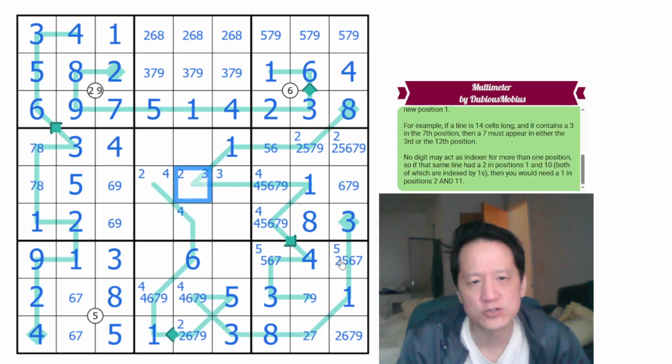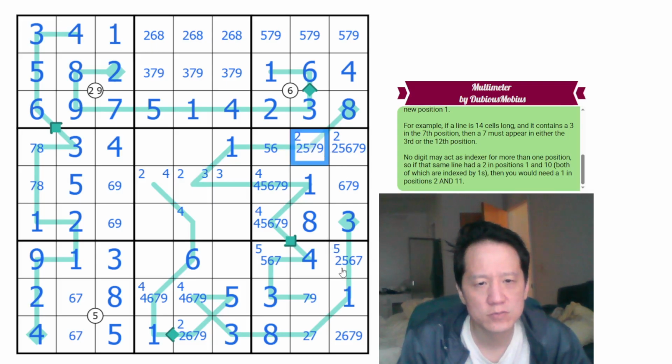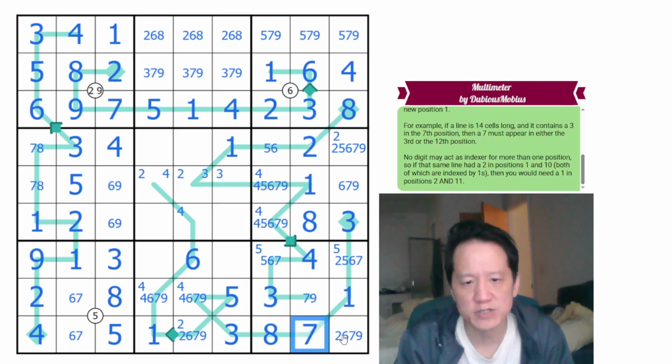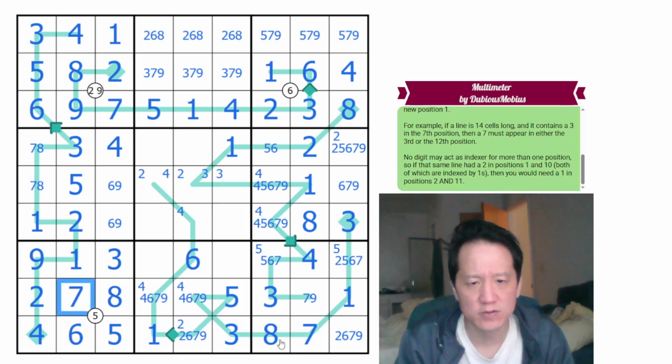Doesn't this have to be a 2 then? Or is this a 2? Yeah, this has to be a 2. So this is 2, which makes this 7. Which makes this 6, which makes that 7.